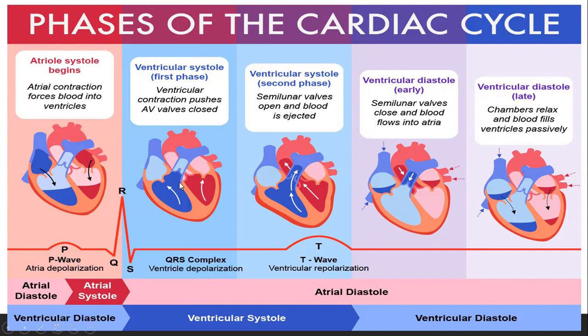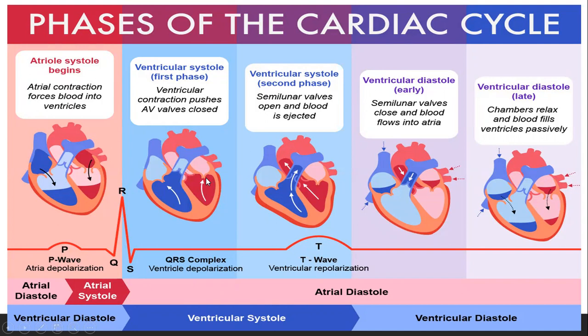The mitral valve which was open now starts to close. Now we have two valves which are closed, the mitral valve and the aortic valve. So the inflow tract of the LV and the outflow tract of the left ventricle both are closed. Now the left ventricle has to contract against two closed orifices. This phase is called the isovolumetric contraction phase, right?